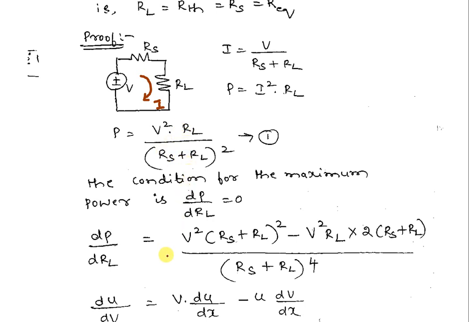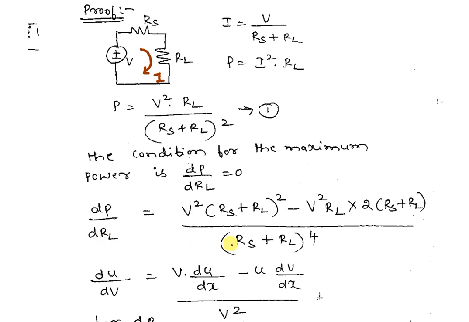Now I am going to differentiate with respect to RL. V is constant, RS is also constant; the source voltage is constant and its internal resistance is constant. Only RL is variable, and you have to find for what value of RL, so I am differentiating with respect to RL.